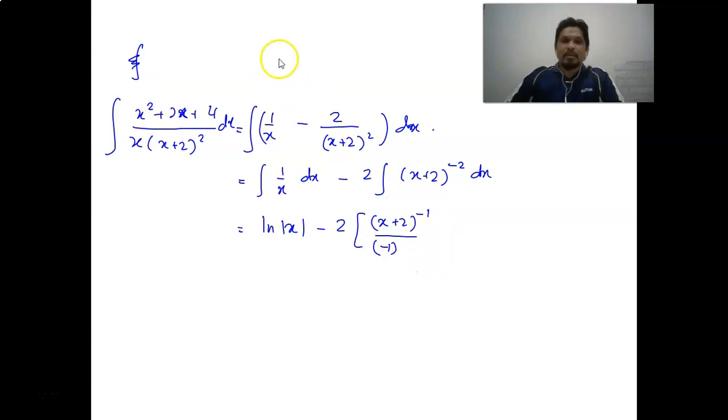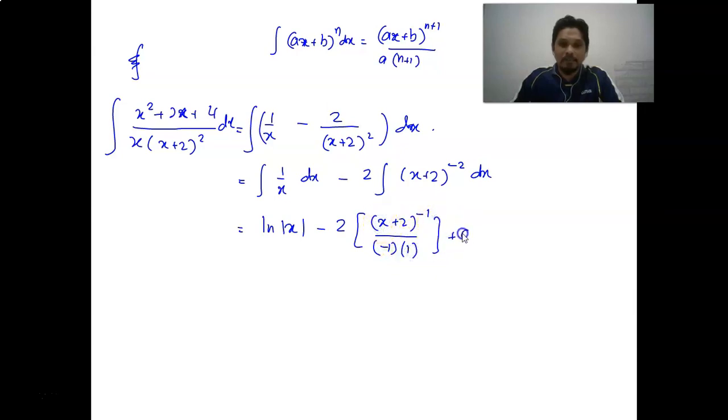The integral of (ax + b)^n dx equals (ax + b)^(n+1) divided by (n + 1). And don't forget, we differentiate ax + b, then multiply with an a here. So (x + 2)^(-1) divided by negative 1, and multiply with the derivative of (x + 2), 1 here, plus C.